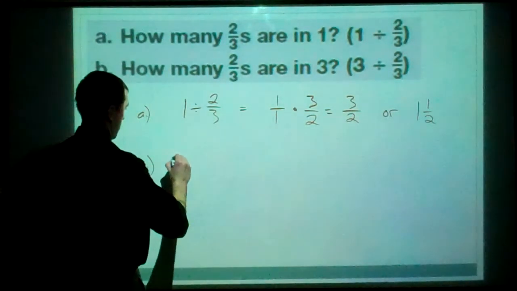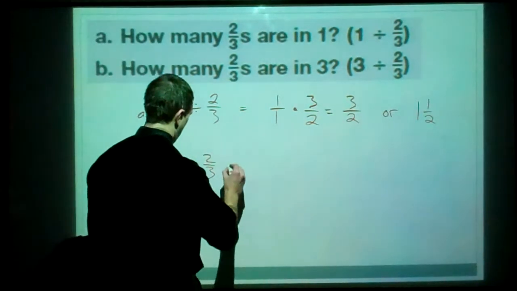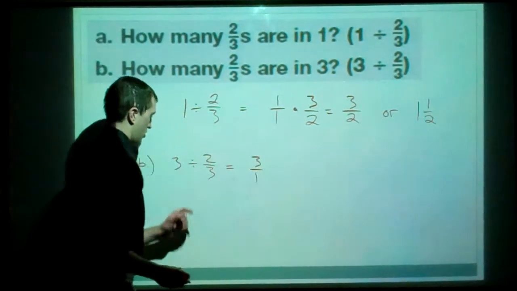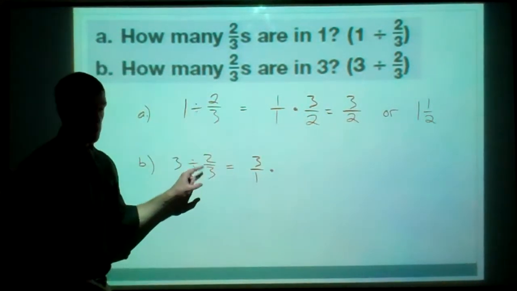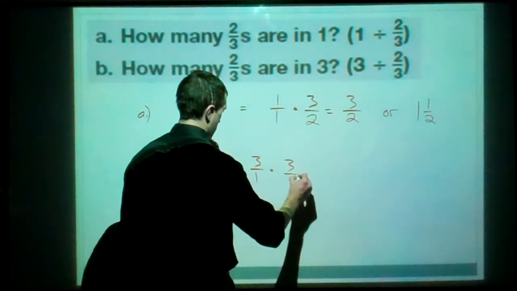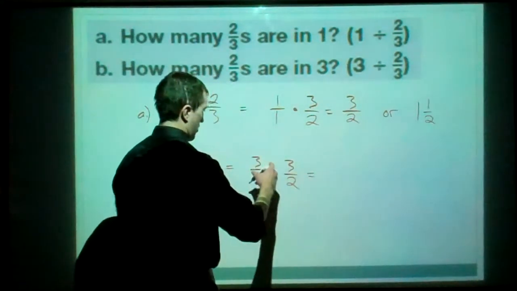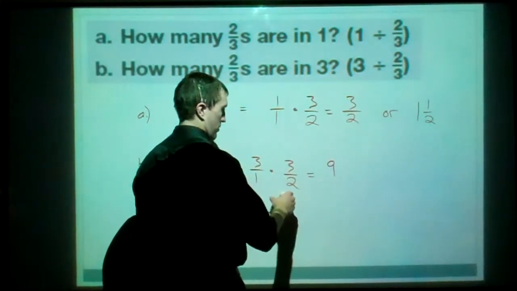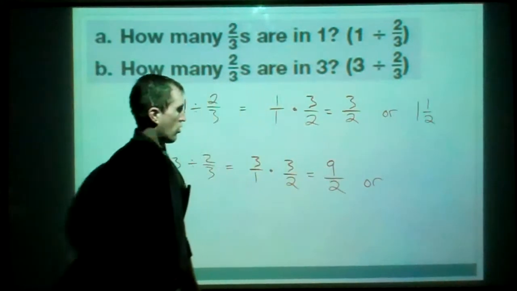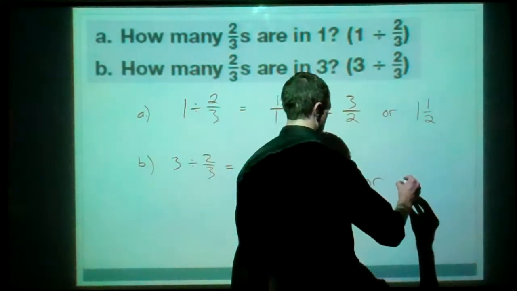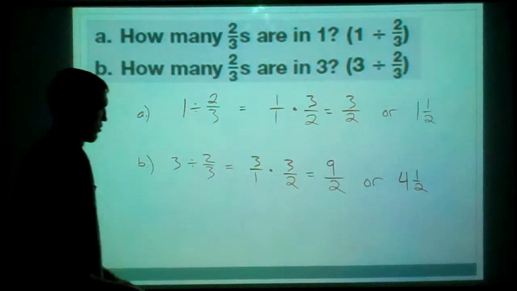That would be 3 divided by 2/3, which equals 3 over 1 times the reciprocal, 3 over 2. So 3 times 3 is 9. 1 times 2 is 2. And this is 9 halves, or 4 and a half. That would be our solution for both of these.